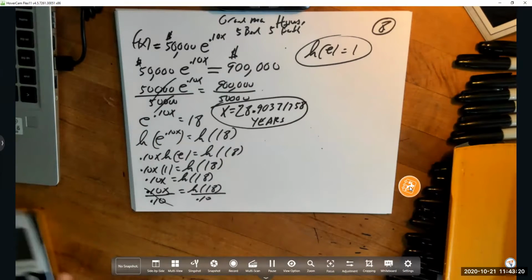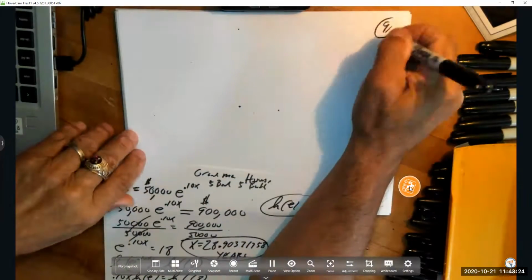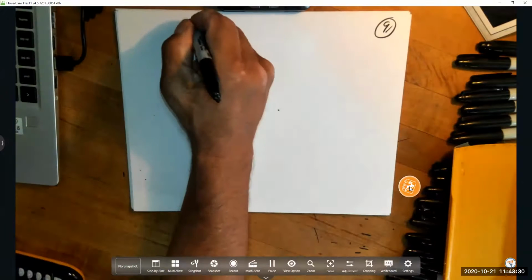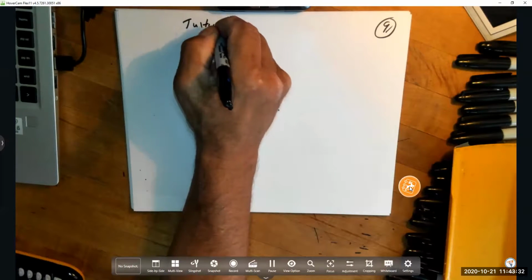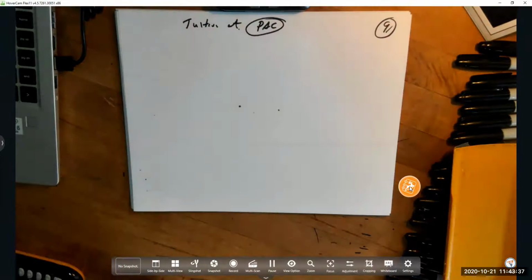And now, maybe one more like this one. Number 9. This one. Tuition at. All right. Right now, tuition at Palo Alto College. If you take 4 classes, Palo Alto, how much is tuition and fees?